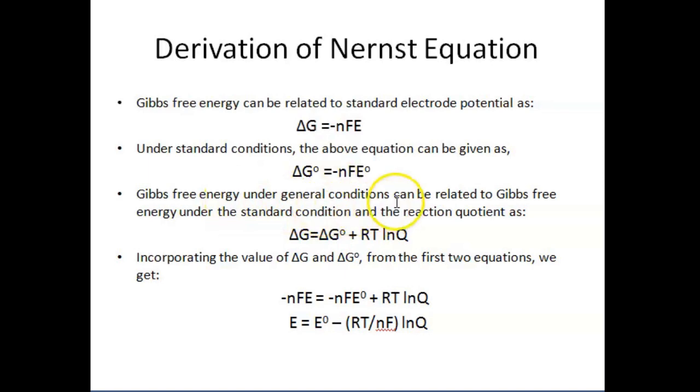Relating the Gibbs free energy under general conditions and under standard conditions through the reaction quotient, we get delta G is equal to delta G naught plus RT ln Q. Now, replacing delta G and delta G naught with the above values, we get minus nFE is equal to minus nFE naught plus RT ln Q. Simplifying, we get E is equal to E naught minus RT by nF ln Q, and this relation is Nernst's equation.